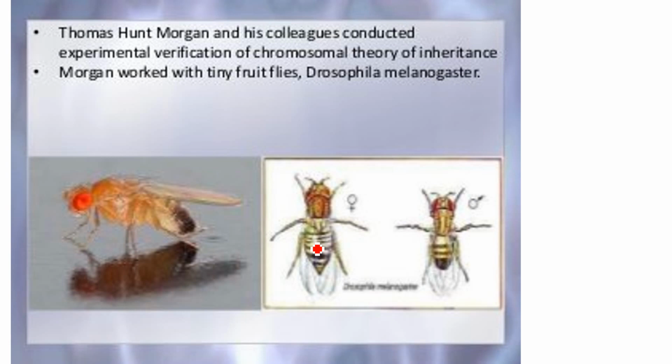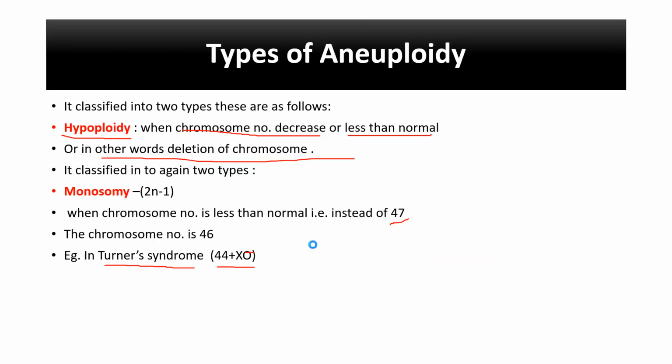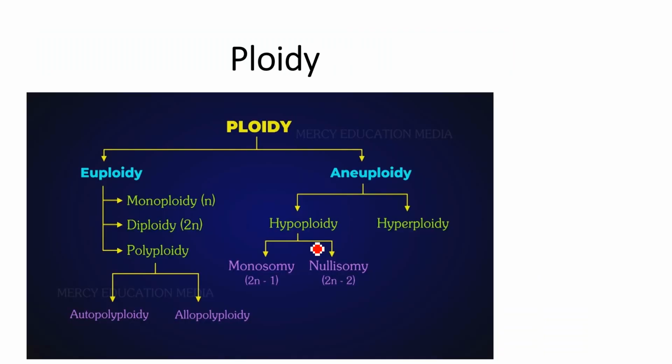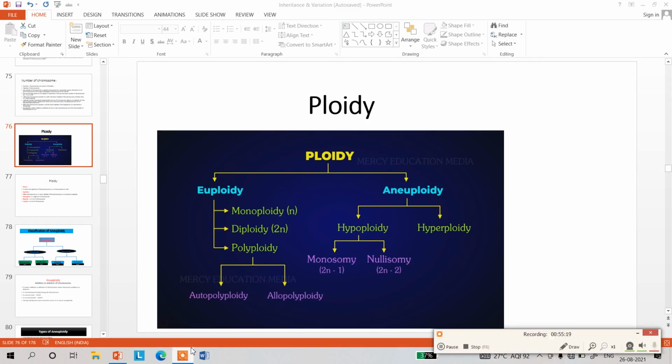So dear student, this is what we have been discussing: aneuploidy or ploidy. Ploidy gets divided into two parts, euploidy and aneuploidy.